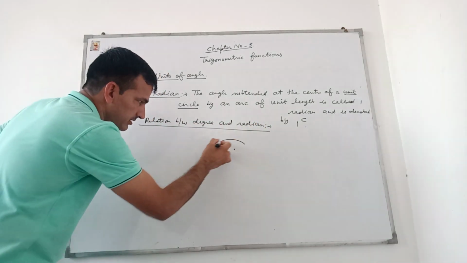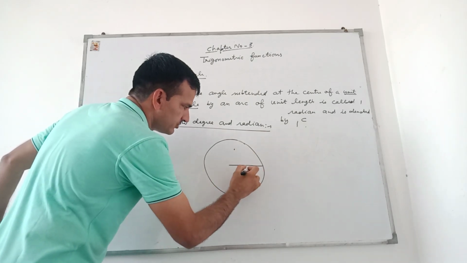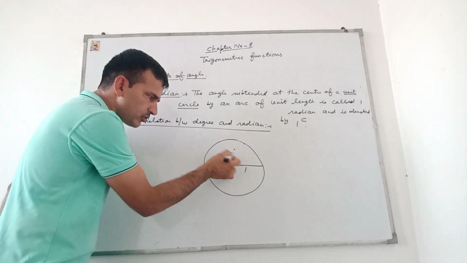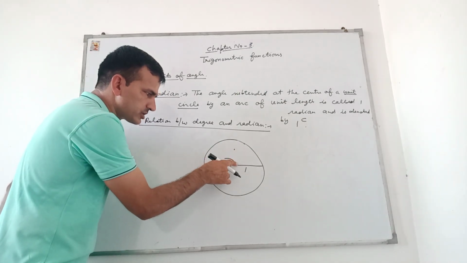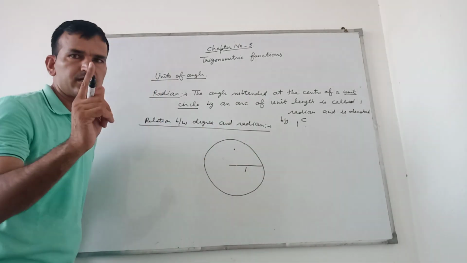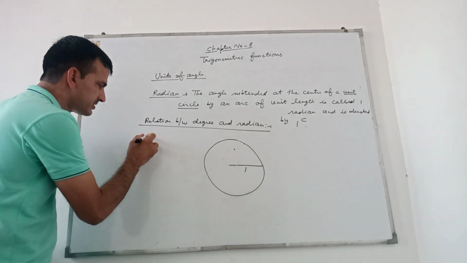This is the circle of unit length, unit circle, radius is 1. Now this complete revolution is 360 degree.